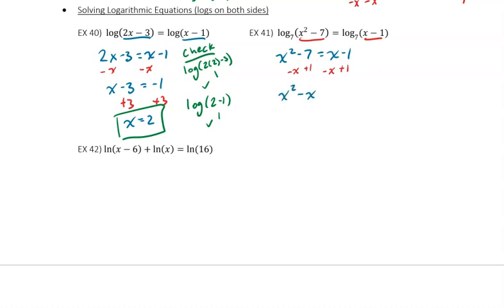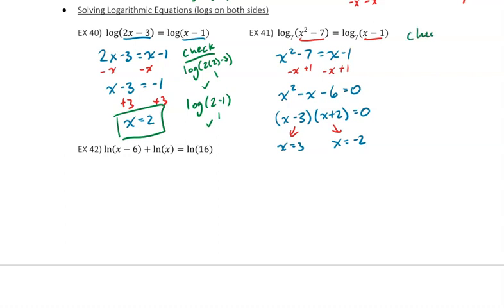So we get x squared minus x minus 6 equals 0. Then we're going to go ahead and factor this. If we factor this one, we're going to end up with x minus 3 and x plus 2. Set both of those equal to 0, and we get x equals 3 and x equals negative 2 as our two possible solutions. Remember, we got to check both.